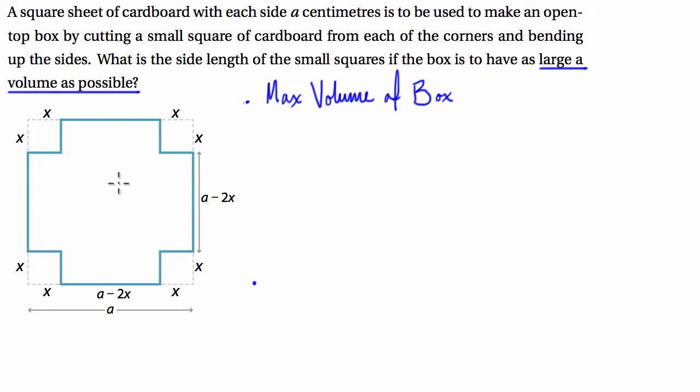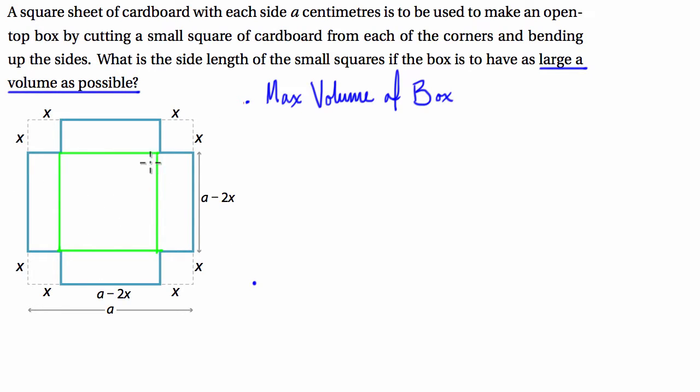Here the aqua line plus the dashed line, which we've marked X, would be our original cardboard box, and we've cut out these edge pieces marked X. What we're going to have left is a base, which takes this area here, and these edges will fold up to make the sides of the box.